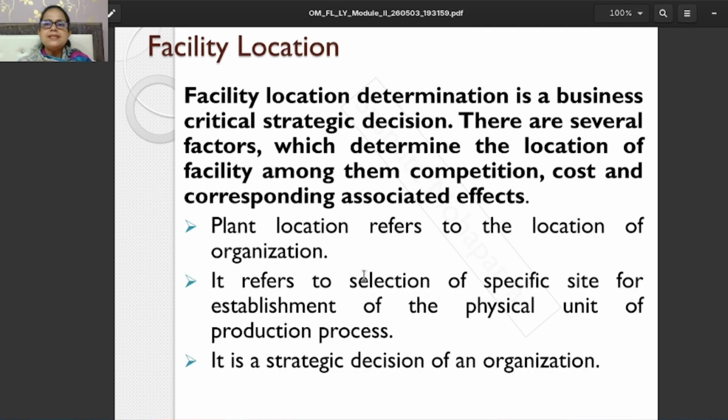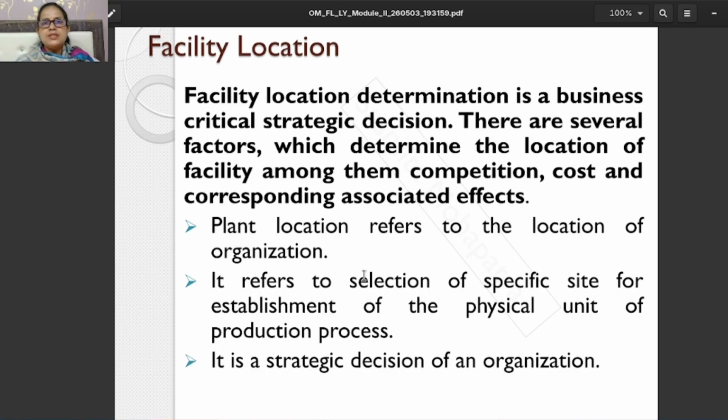We analyze whether labor availability is there or not, whether transportation facility is there or not, raw material availability, the weather condition of that place. Cost is also a factor. We analyze many things, and after analysis, on the basis of the suitable factors, we go for choosing the location.